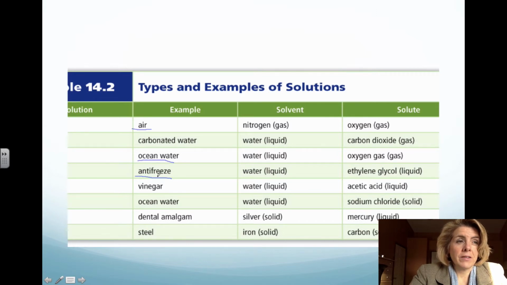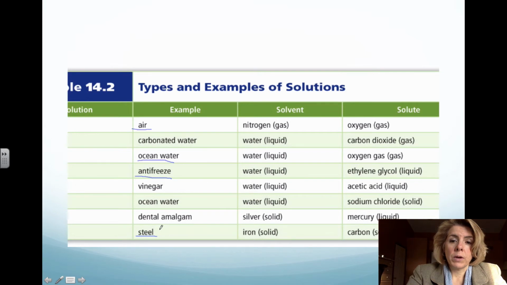I'm sure you've read instances where people have been poisoned by antifreeze. Vinegar is an example of a liquid solute with a liquid solvent. And then I'll just hop down to steel. So notice that with steel, we're talking about a solid solution where we have carbon, which is a solute, and it's solid, and it's dissolved in iron, which is solid.